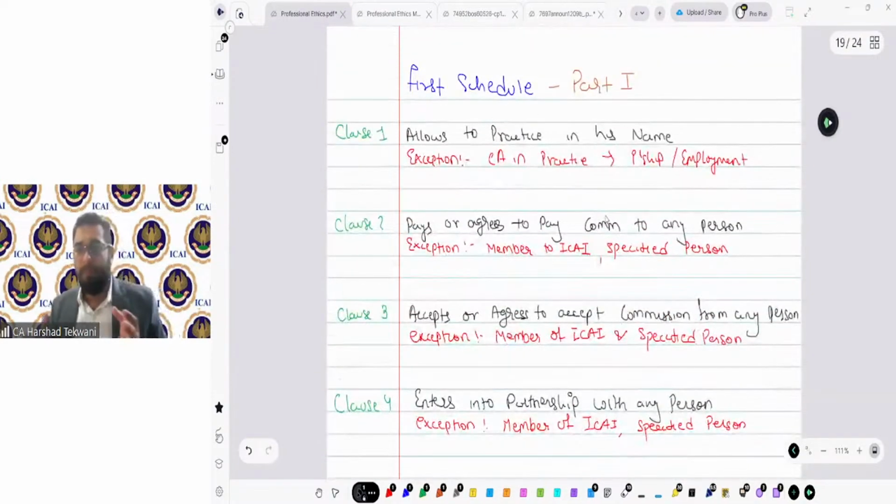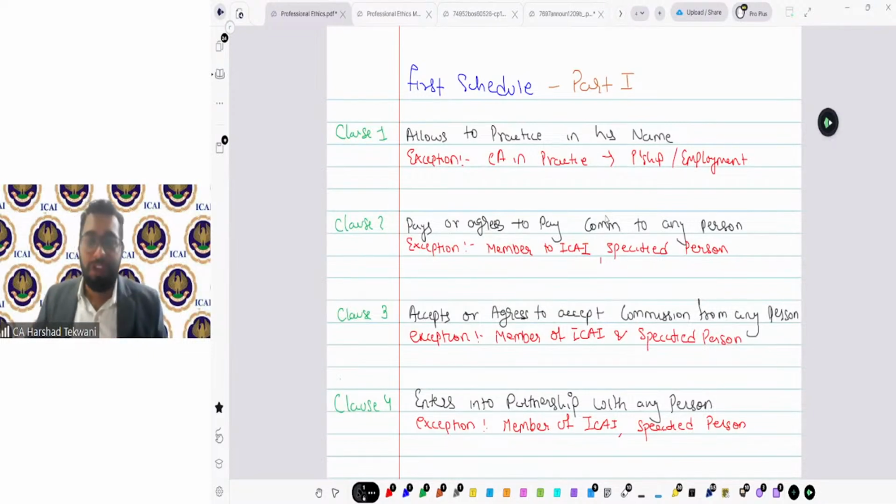Most of the time at the time of exam, the problem is not that we have not studied. The problem is we need a quick and efficient revision of what we have studied. When I say quick, it means within less time I can glance through the content and remember what I have studied, very fast.